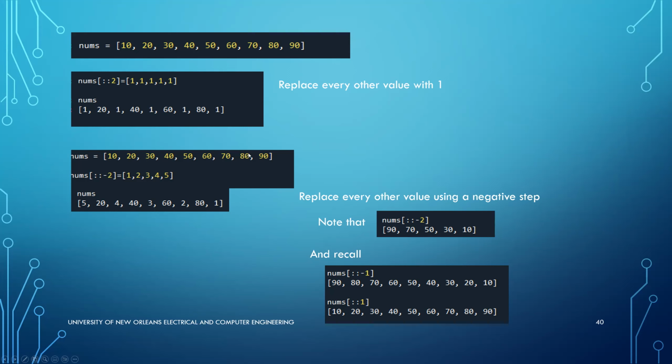I'm going to keep 80, and 90 is replaced by 1. So you notice the difference is it happens that way because I'm going with a negative sign here, negative index. That brings me in the other direction, and this was going in the positive direction.